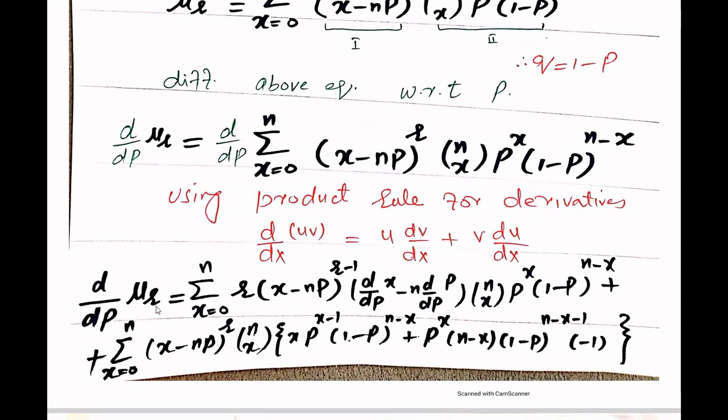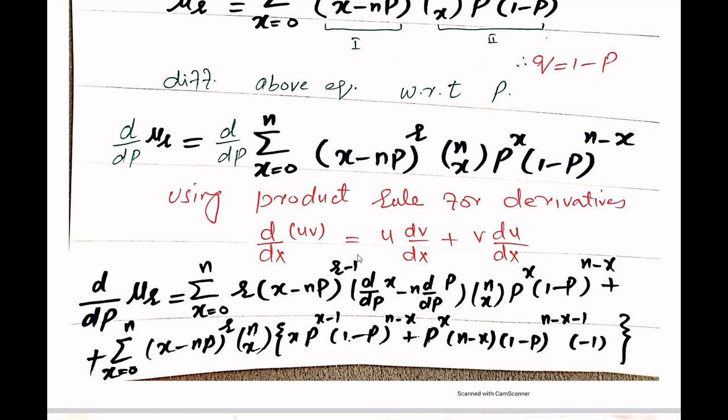So d over dp mu r is equal to sum of x is equal to 0 to n. First of all, take the derivative of first term. Use here power rule: r times x minus np to the power r minus 1.